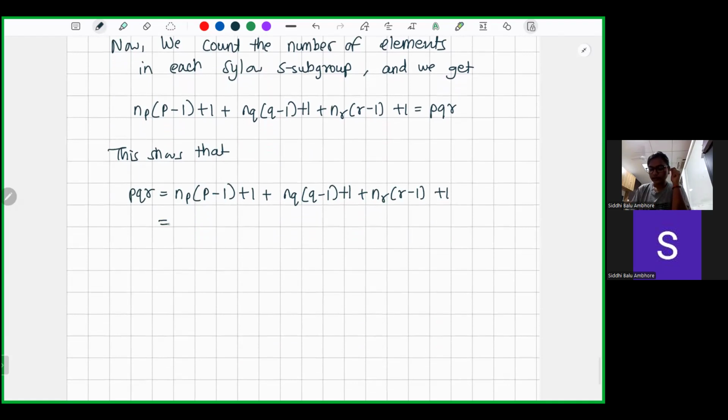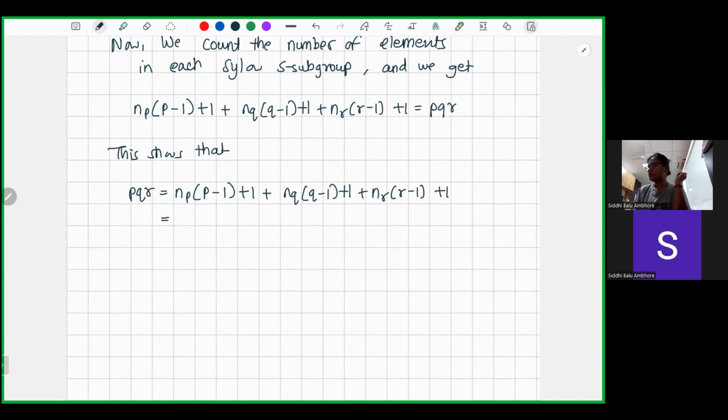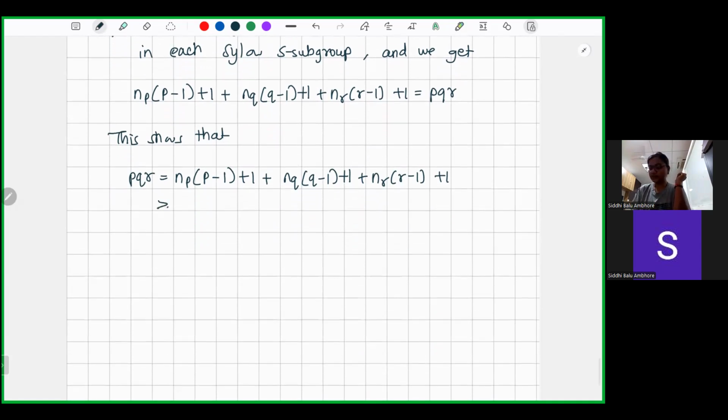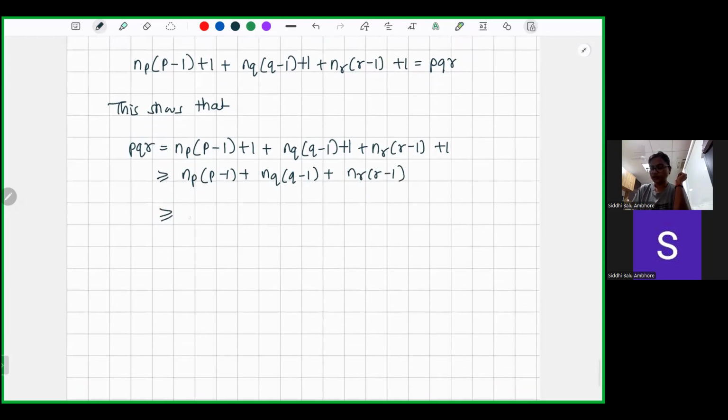Yes, this is correct. And now this is greater than or equal to NP P minus 1 plus NQ Q minus 1 plus NR R minus 1. I'm just omitting those two, which is greater than or equal to Q P minus 1 plus R Q minus 1 plus PQ R minus 1.